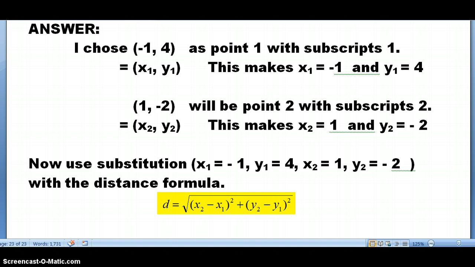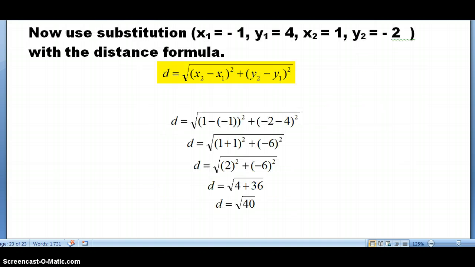Then I used substitution with those four values into the formula. Doing my substitution, I get 1 minus a minus 1, that difference squared, plus minus 2 minus 4, that difference squared. The bottom line, it gives me 4 plus 36, the square root of 40. You can leave your answer as that, or if you want to, you can go ahead and calculate the result.